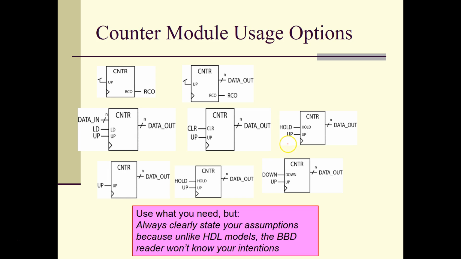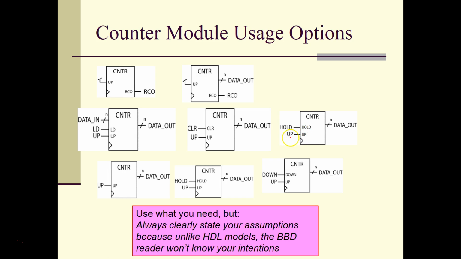I have to state it. Typically it's either going to count down or it holds, but I would not know by looking at the diagram. So anytime you use any of these diagrams, you have to list the precedence of the inputs, and you have to list all possible combinations of inputs. Generally speaking, something like a hold, if it's asserted, it holds. If it's not asserted, it doesn't hold, etc.